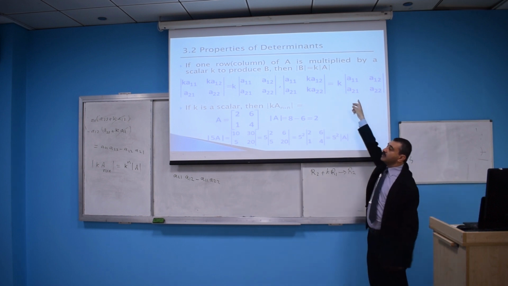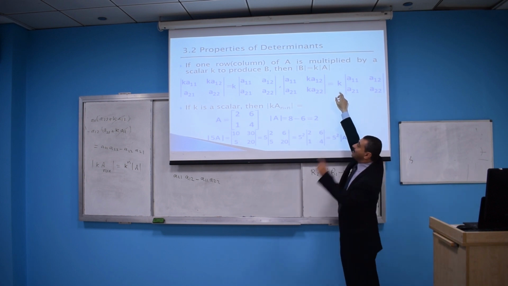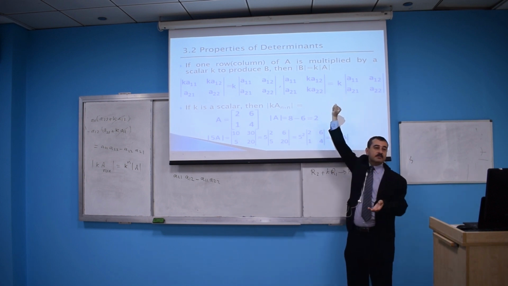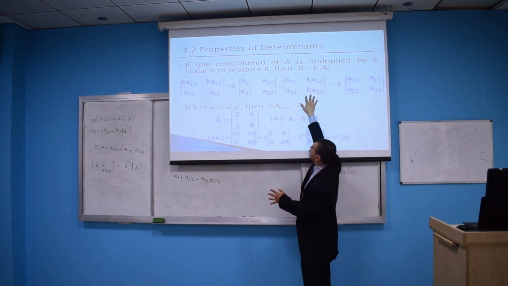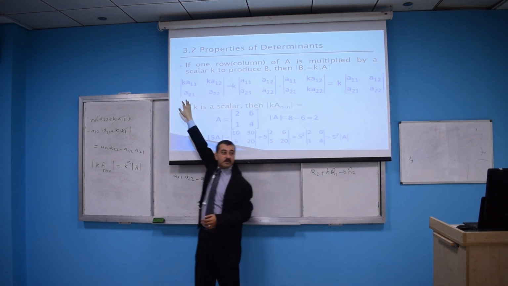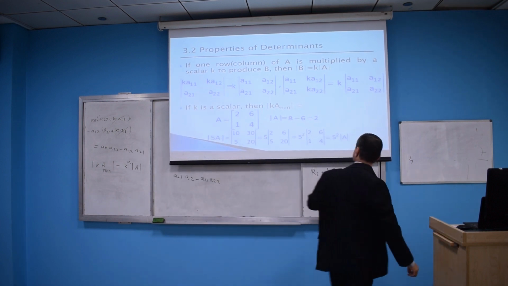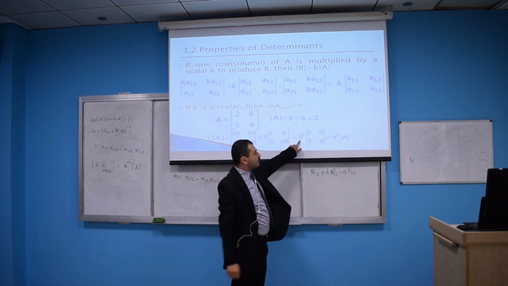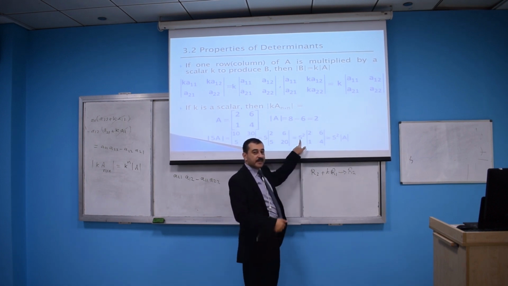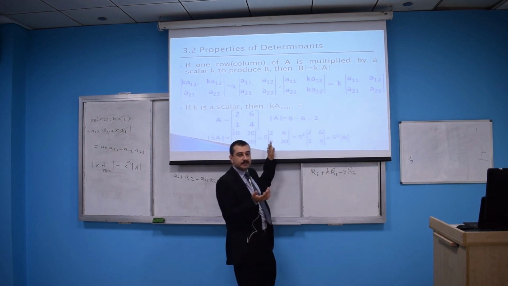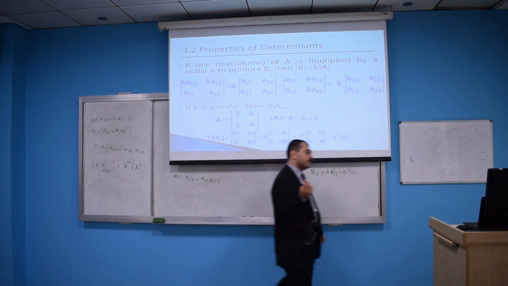From these properties, you can multiply k by any row or any column. If I have this, I can write it as this one or this one. If you have 5 squared, you can multiply the first row by 5 and then the second column by 5. The operation applies for any row or any column.